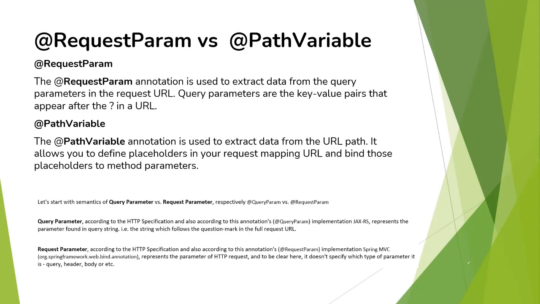Spring will understand if any value is provided after the question mark. So that variable needs to be defined in your REST configuration, which means when you design a method for an endpoint, you need to define the proper field name and other things.